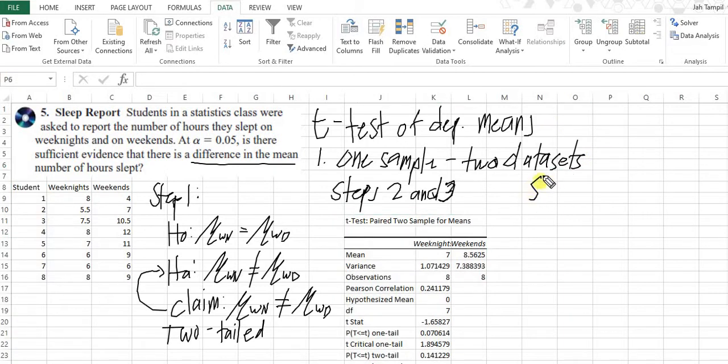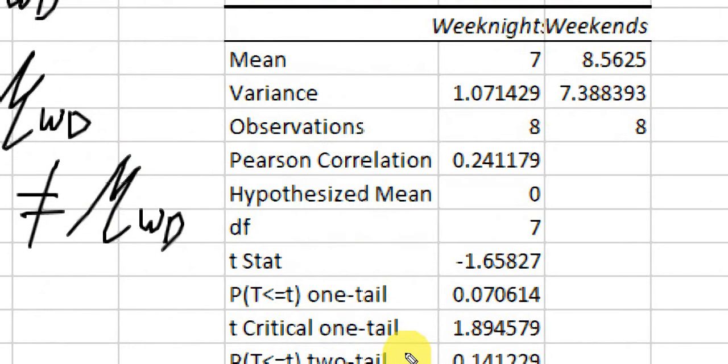So let us write step 4. In step 4, we have to determine the conclusion. Since this is not equal, we will look at P two-tail. Let's take a closer look there. P two-tail, as you can see here, is 0.141229, so we can have that as 0.14.